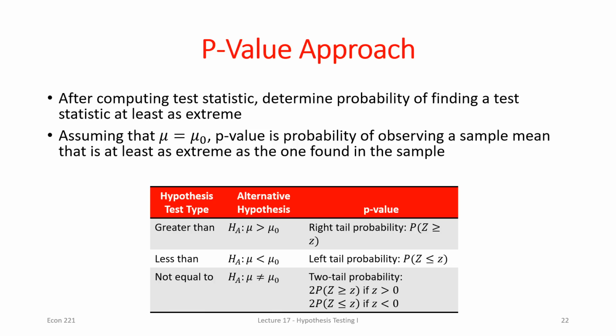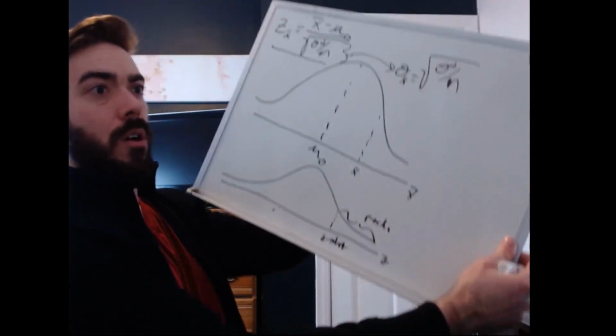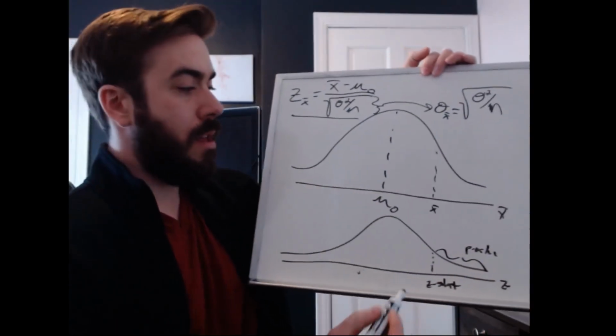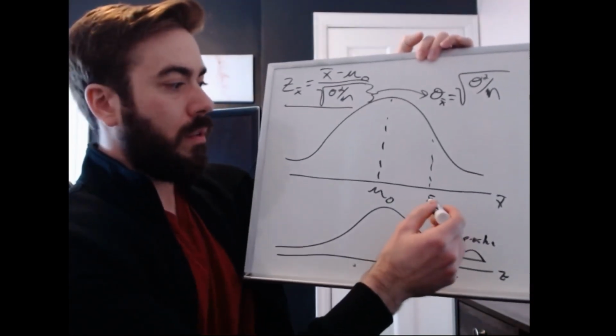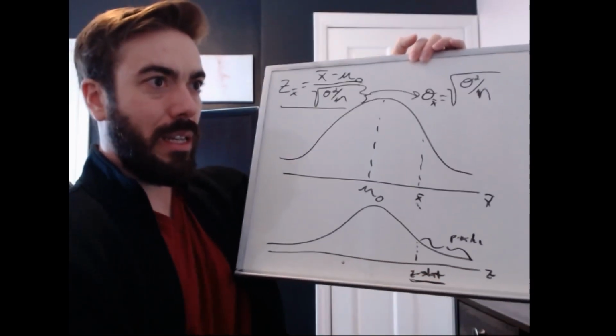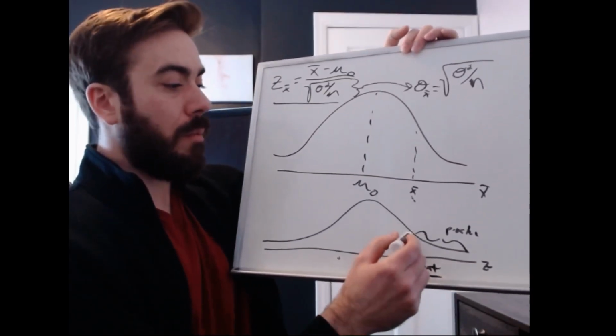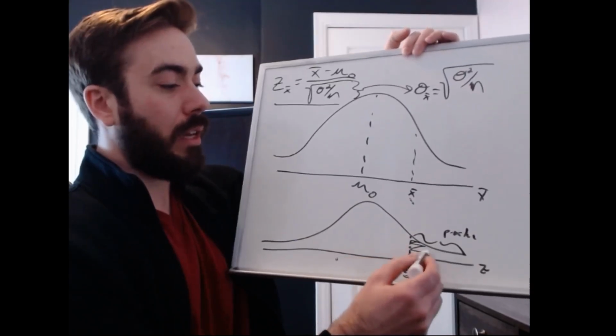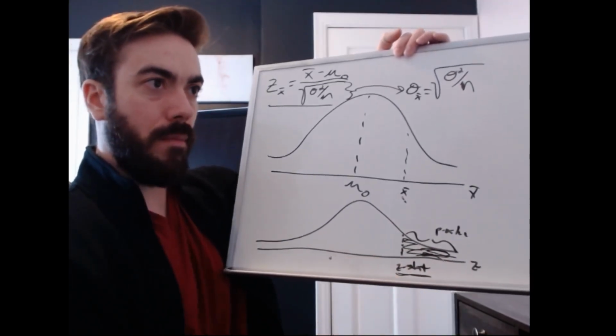I'll draw something out here for a second. So we'll call this our z-stat. Let's switch over here. If we have that same drawing, what we could do is convert that sample mean we found into a test statistic or z statistic. The p-value is the probability we saw that test statistic or something more extreme.